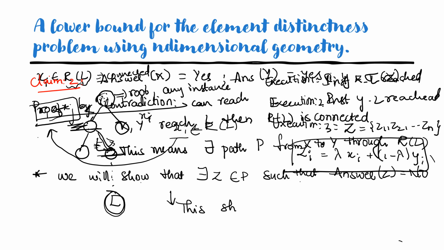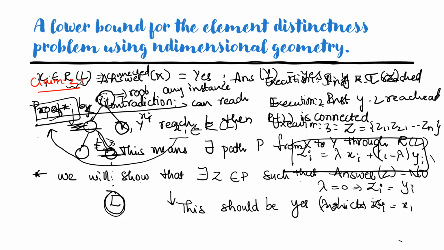So when lambda is 0, zi will be yi. When lambda is equal to 1, zi will be xi. When lambda is equal to half, zi will be xi plus yi by 2, which is the average. So I'm defining zi as a function of xi and yi.